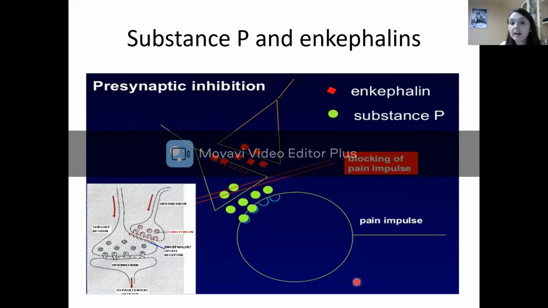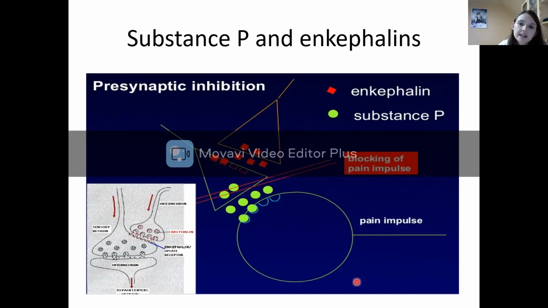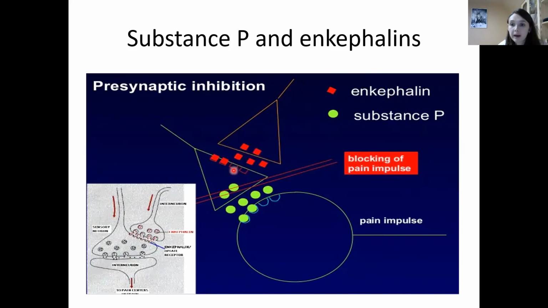Substance P has an excitatory effect and is responsible for the production of pain, for the transmission of pain impulses. Enkephalins and endorphins mainly have an inhibitory effect, and they are responsible for relieving pain, for decreasing pain sensation.